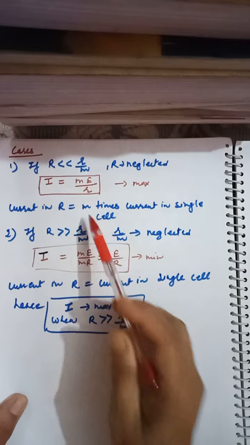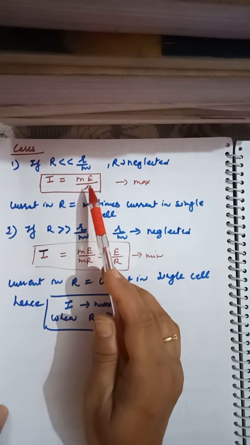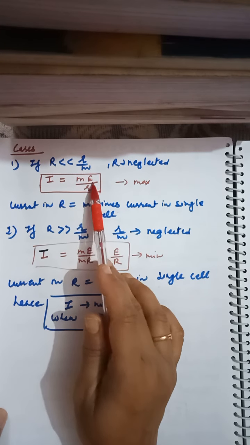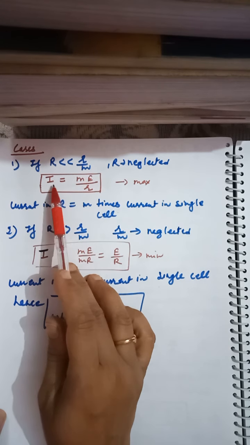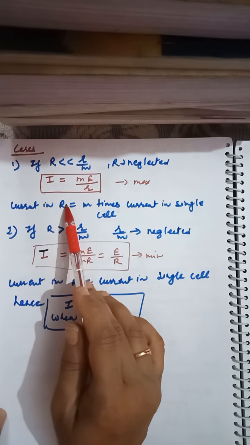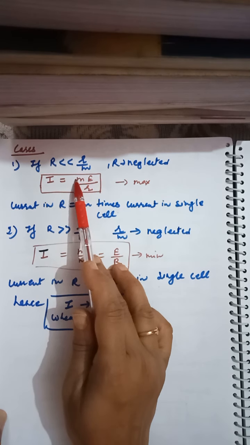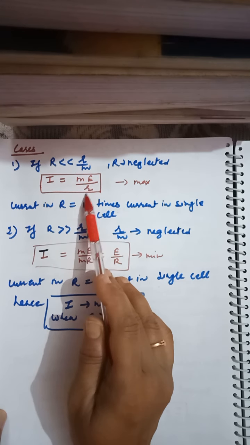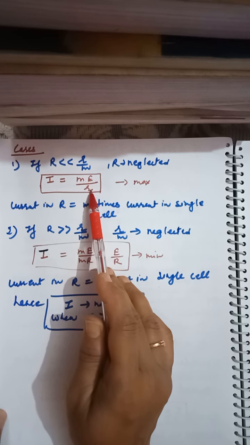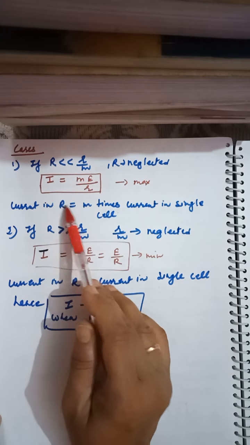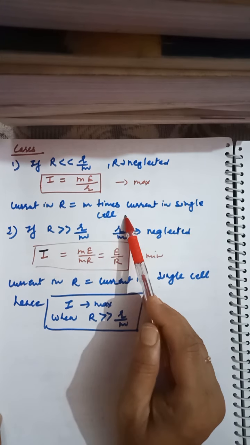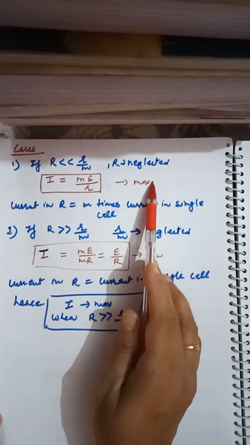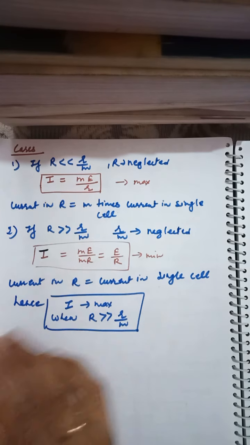Okay, so this will be ME upon small r. And what does this expression represent? Current in capital R, because this is the current in capital R. Current in capital R is M times the current in the single cell, because this is the EMF of a single cell and this is the internal resistance of the single cell. So the current in capital R is equal to M times the current in the single cell, and this value is maximum because this value will be M times.